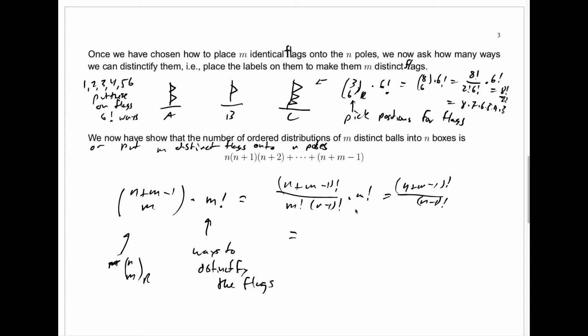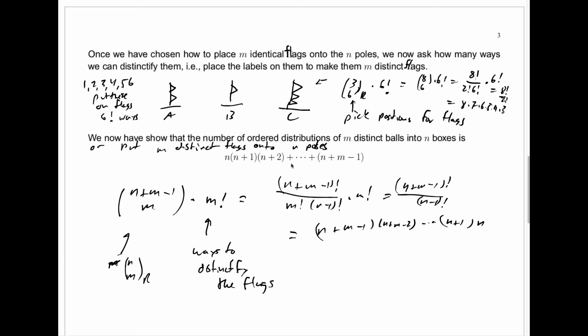Think of this as n plus m minus 1, and we're going to multiply that by n plus m minus 2, and we're going to keep going down all the way to 1, but when we divide by n minus 1 factorial, we'll cancel everything beyond n, so we keep going down all the way to n plus 1 and down to n.